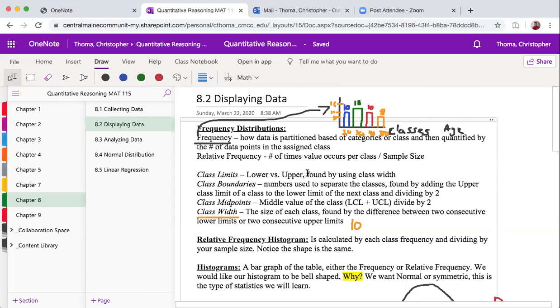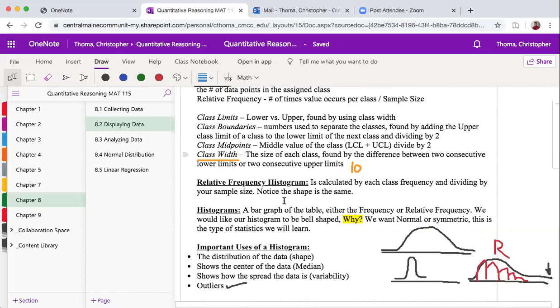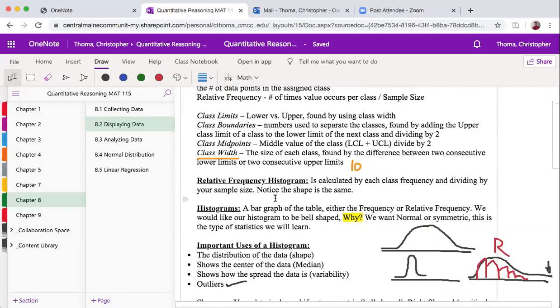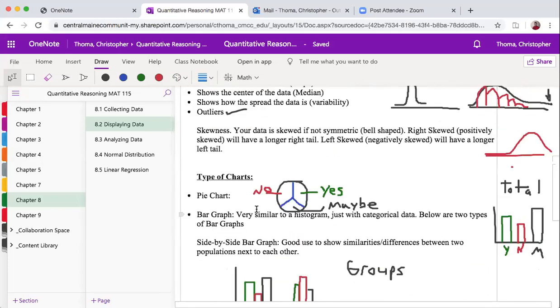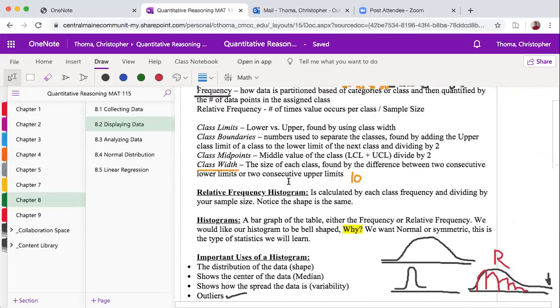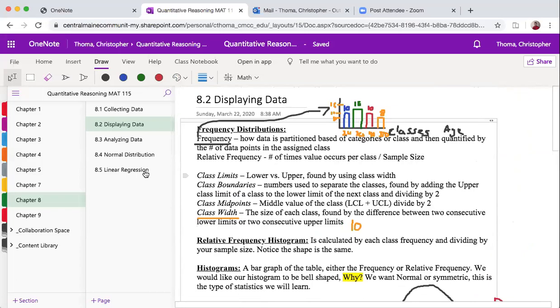So I think for next class, what we'll do is I'll get an Excel file loaded, and we'll build some of these charts so we can kind of see them with numbers and what they look like in Excel. So that will help us display the data. And then we'll get into what analyzing data is, and then we'll use that same Excel sheet, some of the calculations on how we analyze data.